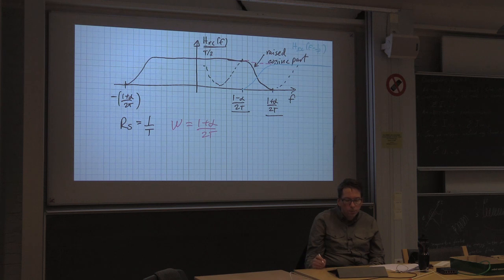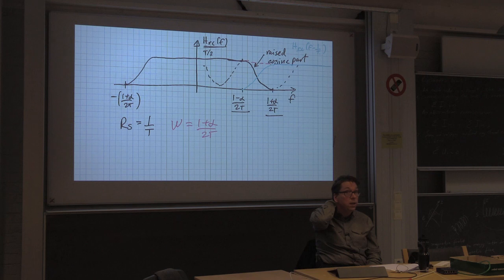If we have such a frequency pulse, and then we take the next frequency pulse in the Nyquist criterion, that is, we take the black curve and shift it to the right to be centered around the frequency 1 over T, we see that these cosines are completely overlapping with each other, and when we add them together we get a constant. Then we have shown that we fulfill the Nyquist criterion.